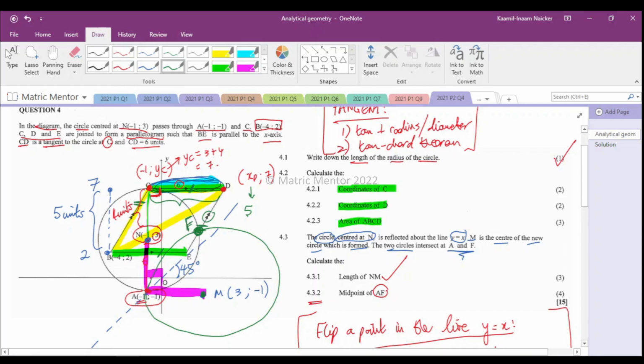My objective now is to find the midpoint of AF. So AF is this line here. Shoot, there's a lot going on in this picture, so let's see if I can erase some lines. Hopefully now you can see it a bit better. So I want to find the midpoint of this AF line.